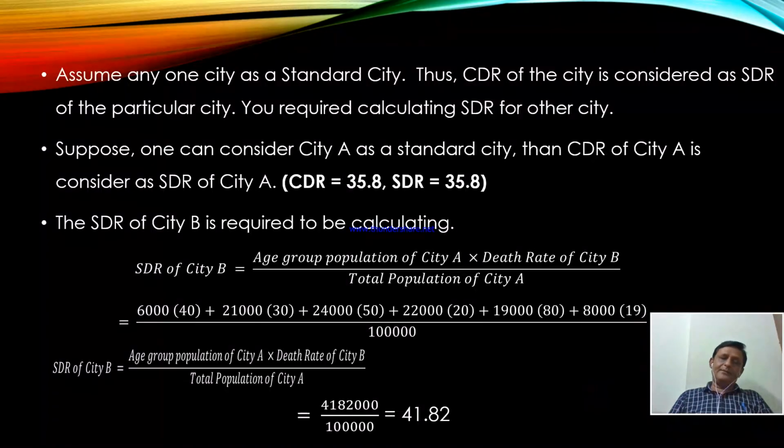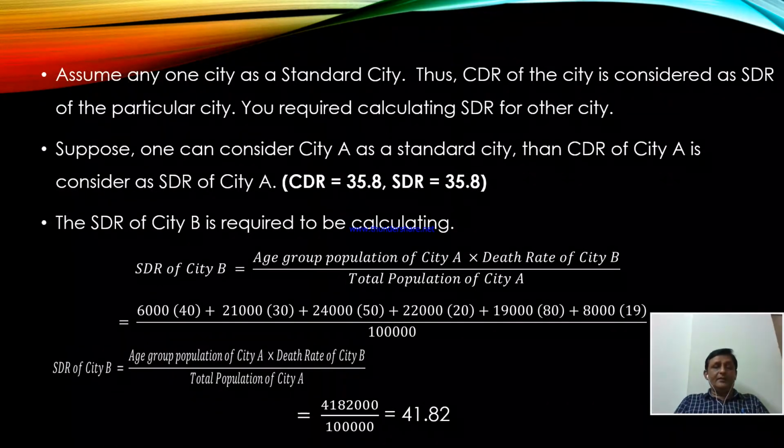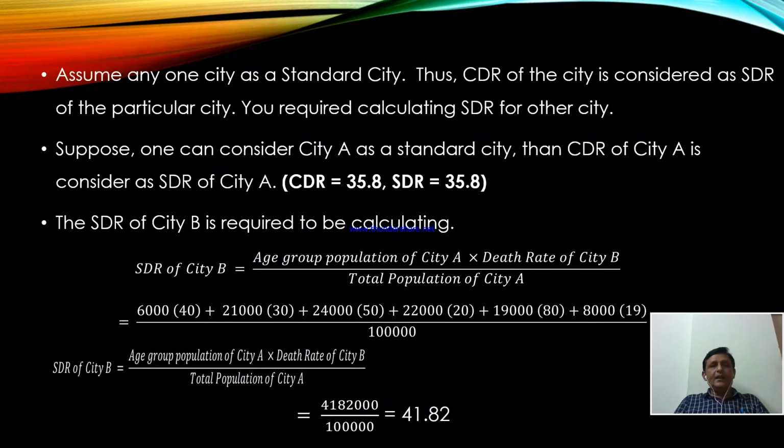Now, it is difficult to understand because the age group and sex definition is different for each city, or the population is different, so we need to calculate the SDR for both the cities. Now, you can do one thing: assume any one city as a standard city, as we discussed in the theoretical part.